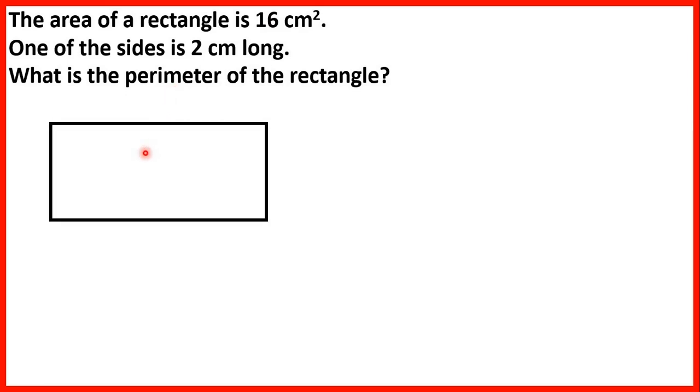So if we draw our rectangle, we know that one of the sides is 2 centimeters long, but it's a rectangle, and with rectangles, opposite sides are always the same length. So to find the area, we multiply the width times the length. So 2 times whatever the length is equals 16 centimeters squared.